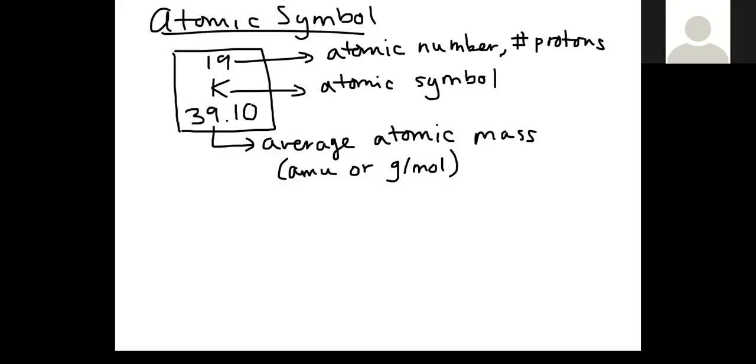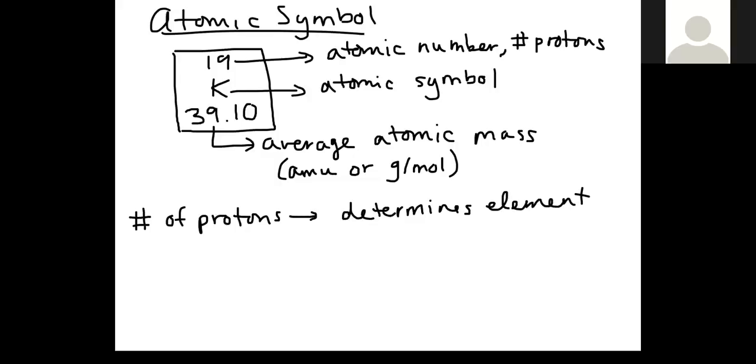This means that if you change the number of protons, what happens? It is a different element. So if you look back at the example I just gave you with 26 protons, what's that element? Iron.